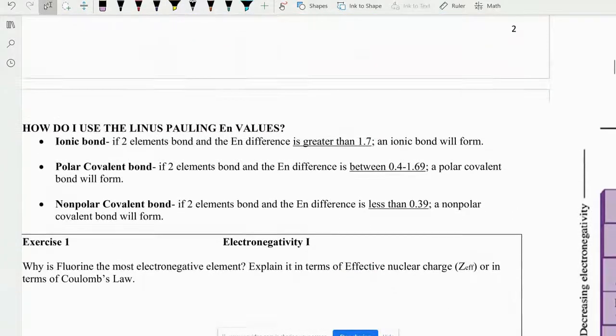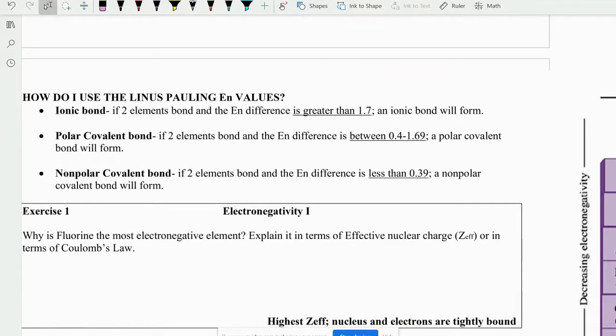As an example, at the top of page 3, an ionic bond is when two elements are bound together and their electronegative difference is greater than 1.7.